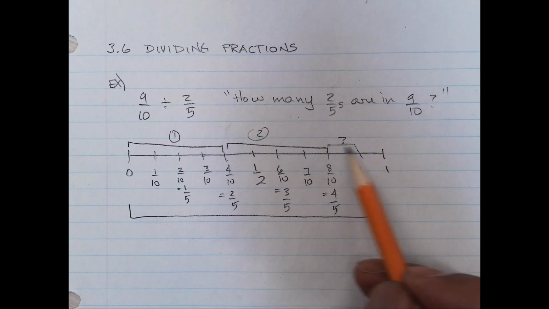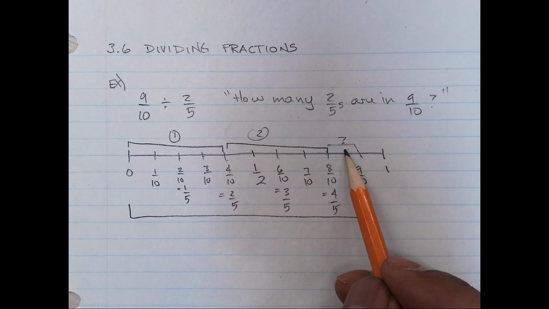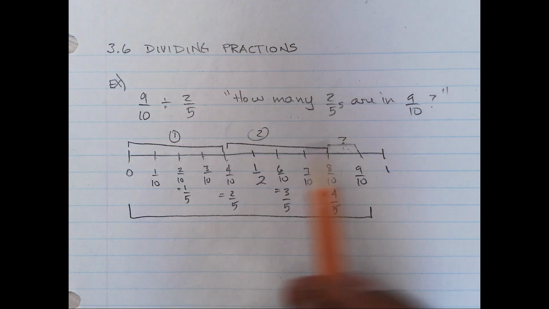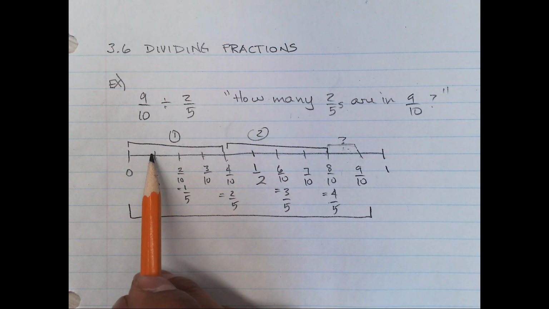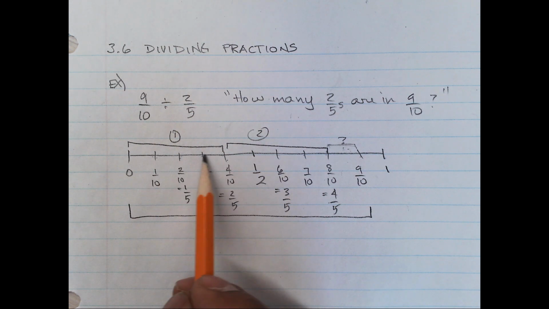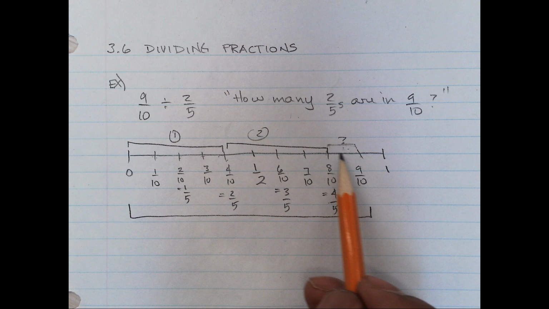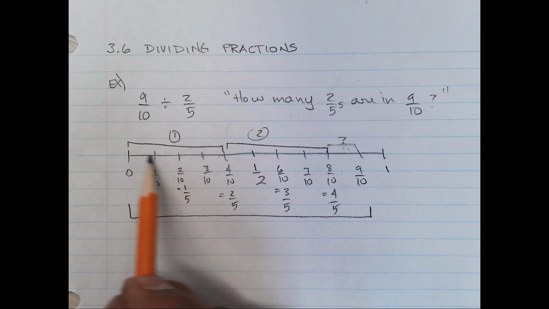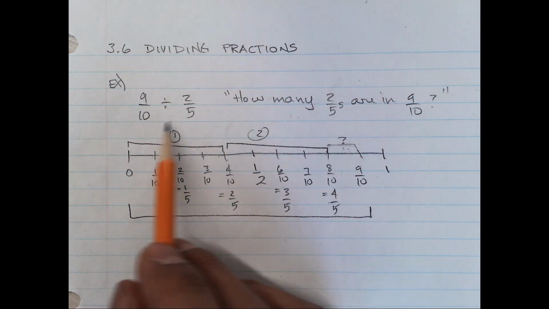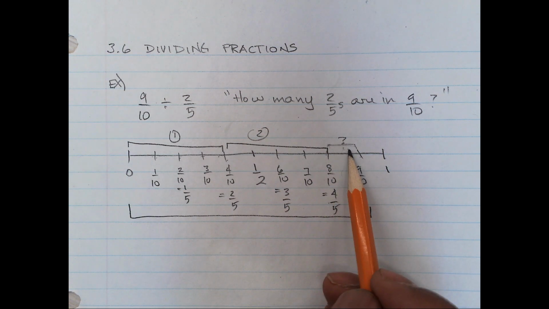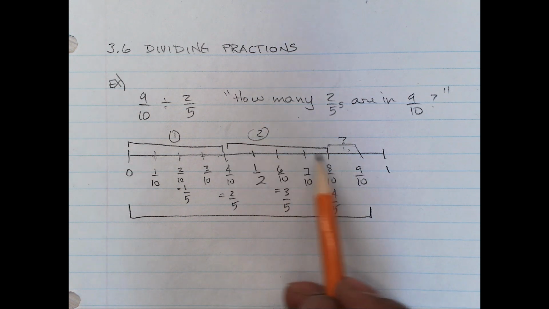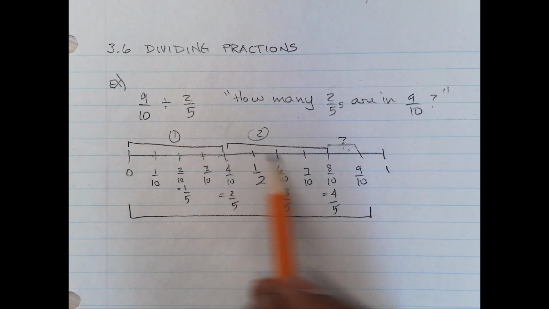So listen to what I'm saying. This part is a quarter of this 2/5, because each 2/5 is worth like 4 notches, and this is only like 1 of those 4. So in other words, how many 2/5 do we have? We have 1, we have 2, and a quarter of 2/5, because this is only a quarter of this 4.